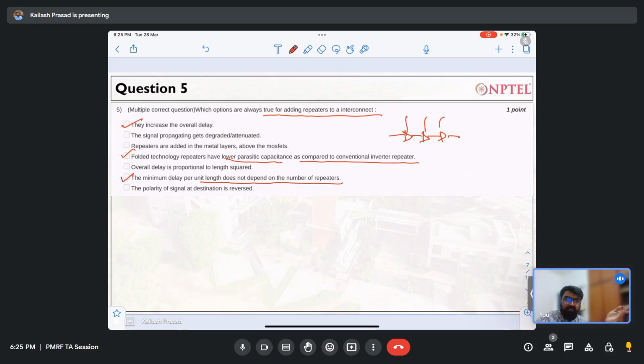Whenever you have normalized it, it doesn't matter how much your entire delay is, so per unit delay will remain the same. The rest of the arguments are not correct. So these three arguments are correct.